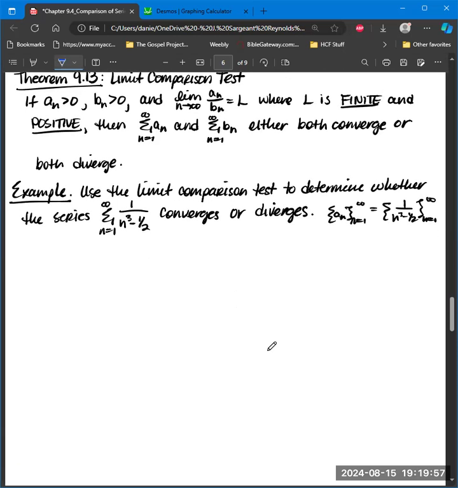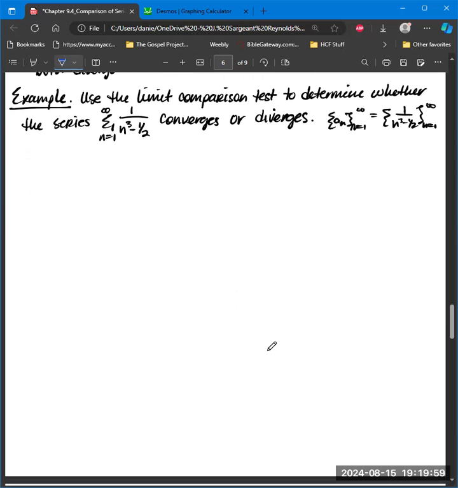It's easy to force it to be a positive 1 to make this test work most of the time. So use the limit comparison test to determine whether the series 1 over n cubed minus 1/2 converges or diverges.